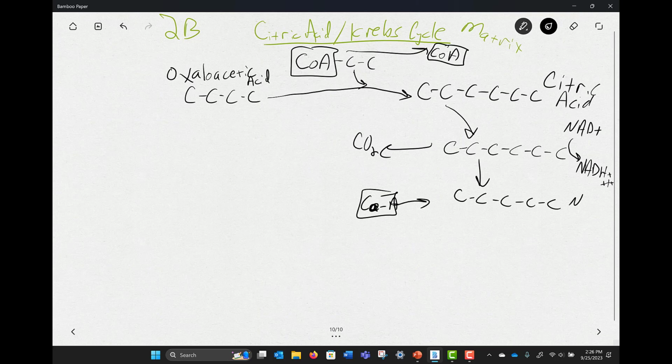We have NAD plus come along. What does he do? He always leaves with electrons and protons. And we lose a molecule of CO2.